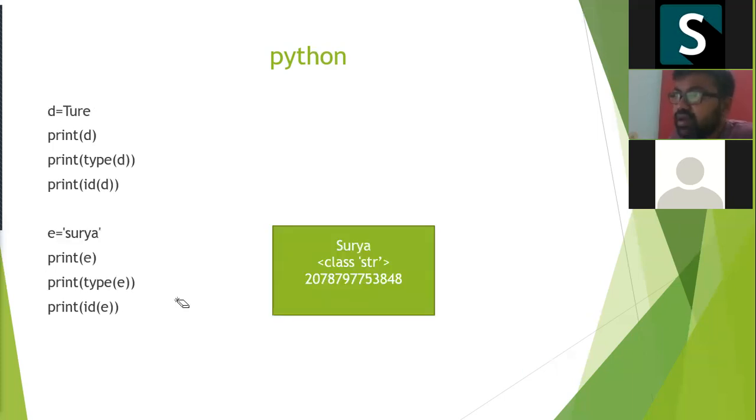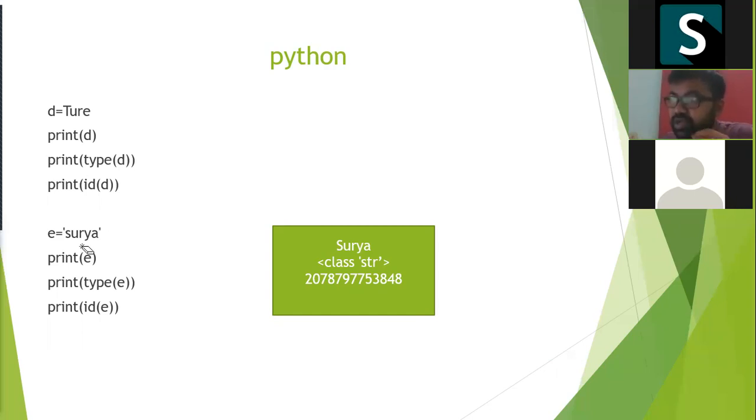And when it comes to bool, this is my boolean operations, true or false. We have two conditions, either true or false. In my string, when I'm assigning a string to a particular variable, this needs to be in single quotes or double quotes.